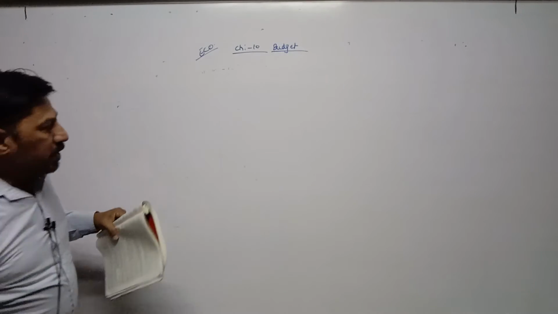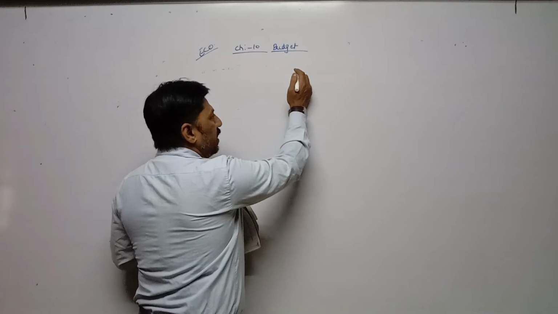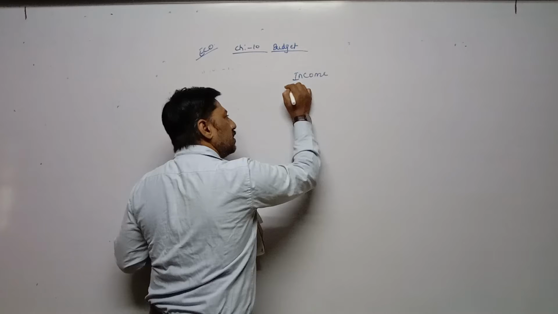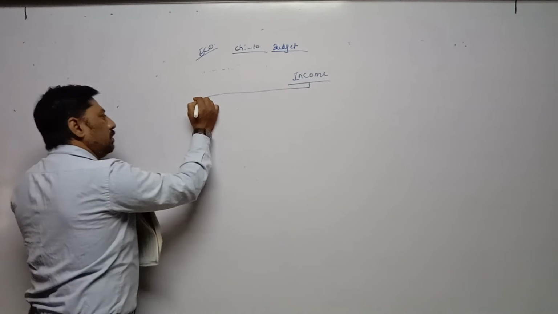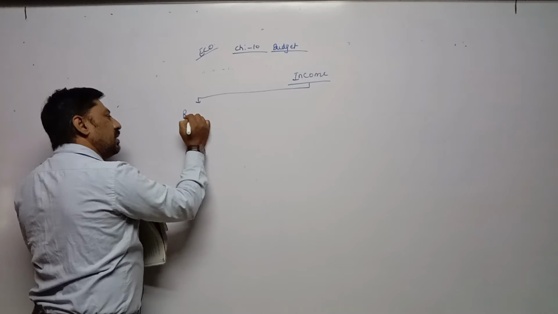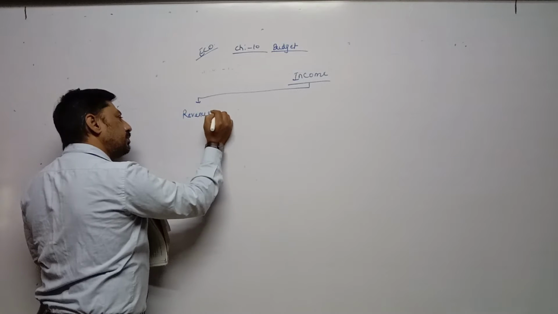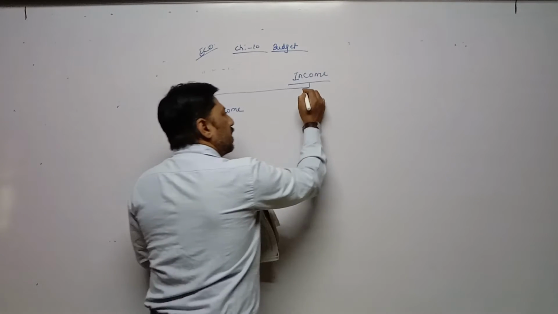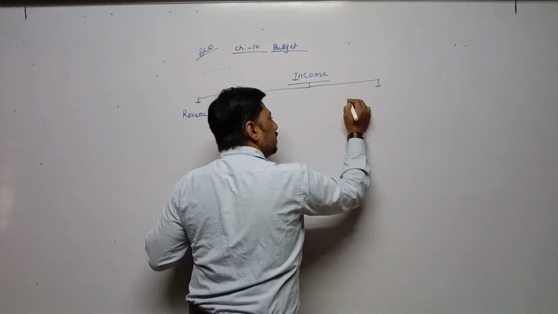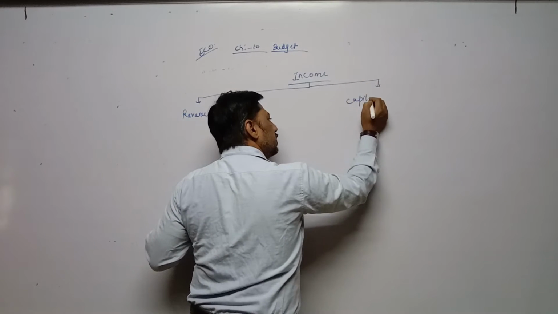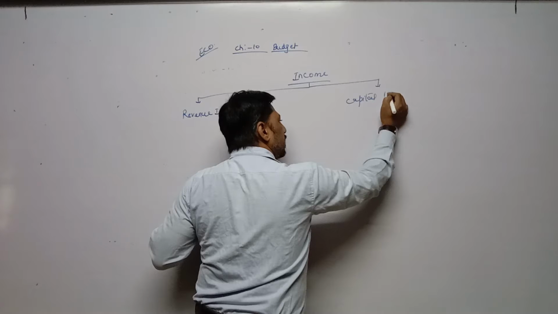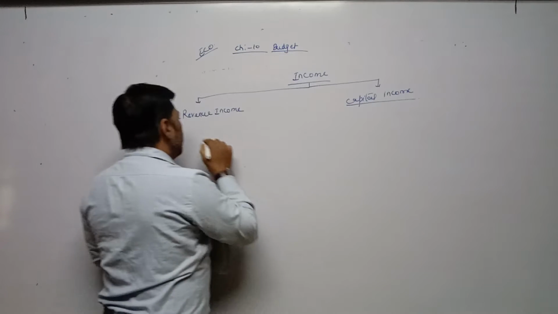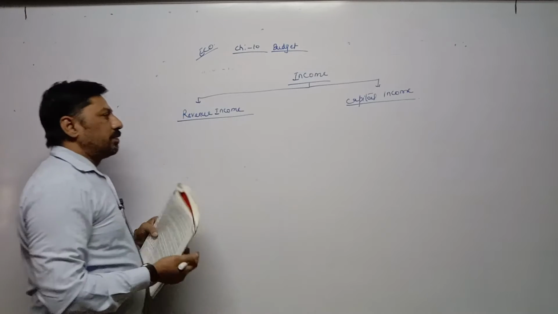Here on the credit side we are showing income, and income is classified into two categories: revenue income and capital income.